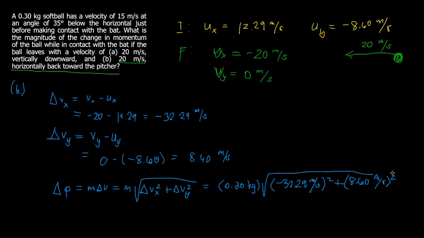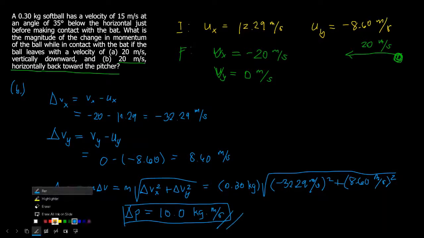Then take its square root. Ano yung delta P? That is equal to 10.0 kilograms meters per second. So that's our delta P for letter B.